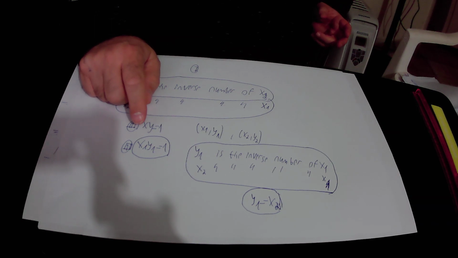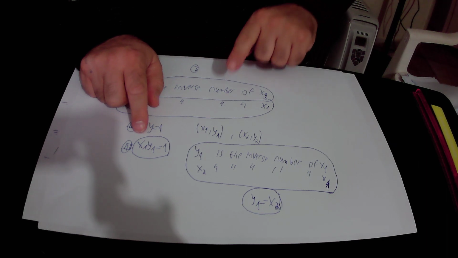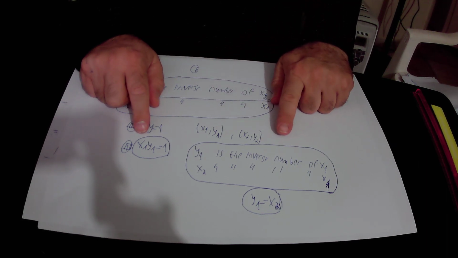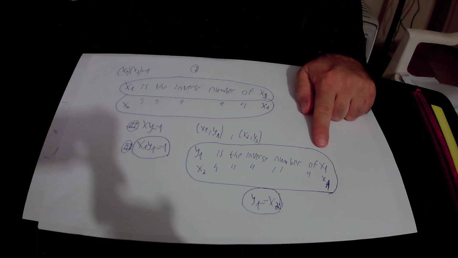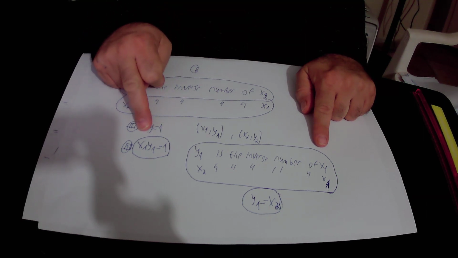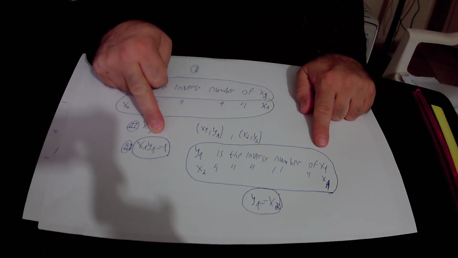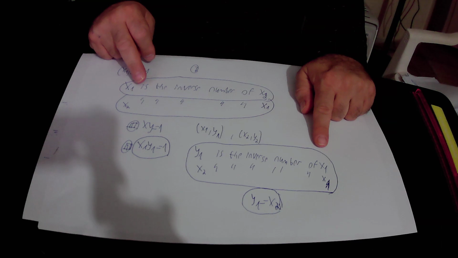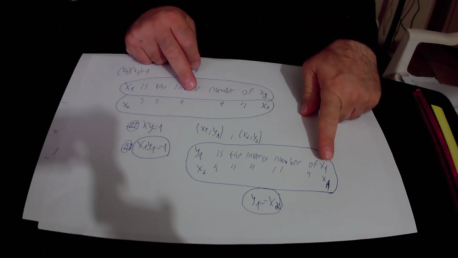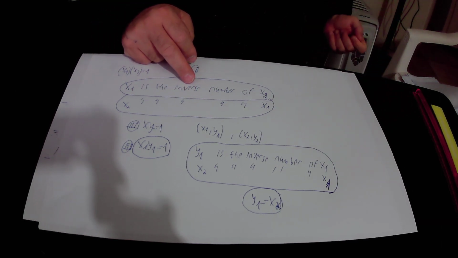Okay, whenever the multiplication of two numbers equals 1, it means that the two expressions are the inverse numbers of each other. So we can say that y1 is the inverse number of x1 according to equation number 3, x1 times y1 equals 1. But we have already found out that x2 is the inverse number of x1.